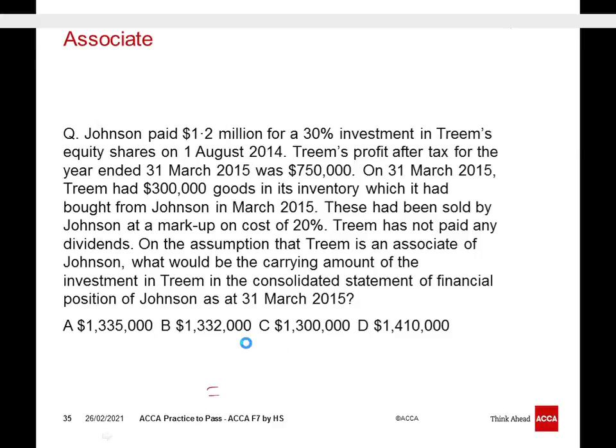Here we have a question for you guys. All of you are required to calculate the investment in associate company, that is Stream company. You have 1 minute to solve this question.